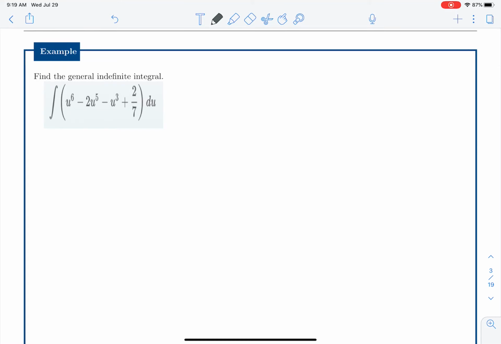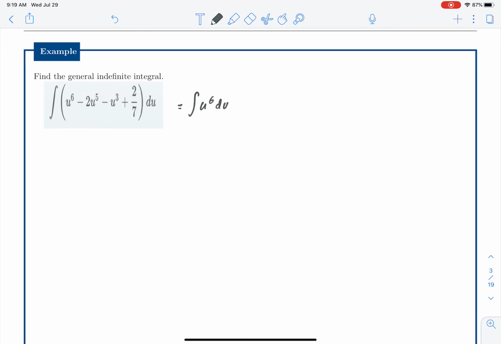So here we have an indefinite integral in terms of u, and we have a bunch of terms added and subtracted. We know that we can split the integral and write it as individual integrals as long as things are in additions or subtractions.